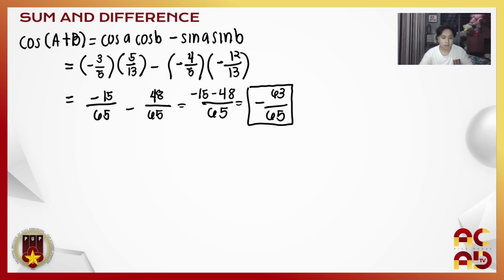And then next, we have cosecant A minus B, di ba? And then di ba yung cosecant natin, ang reciprocal identity niya is 1 over sine. So 1 over sine A minus B. Yan. Then plug in lang natin.